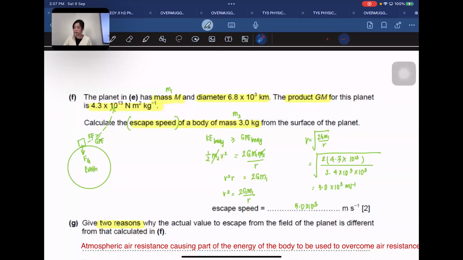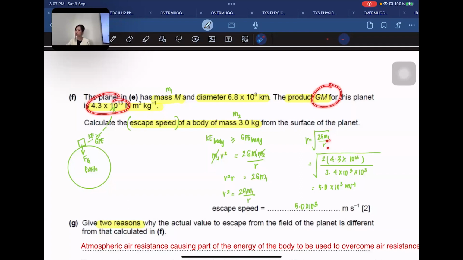Okay. The half is gone. I brought the 2 up. So from there, I just got to manipulate the equation. I cancel my same mass, m. Then I find v squared. v squared is 2GM over r. Then from there, to find v is square root of 2GM over r. Then they say GM is given as this value.